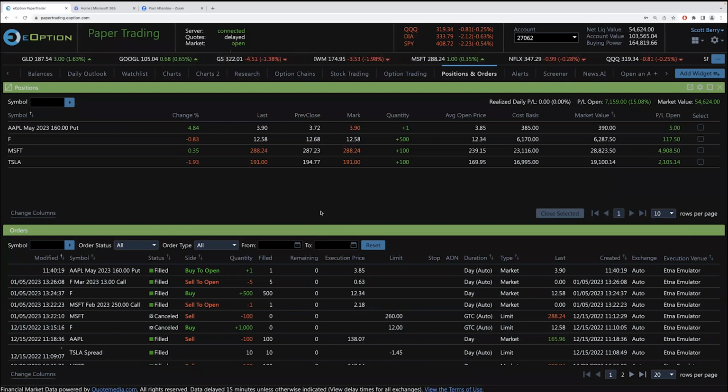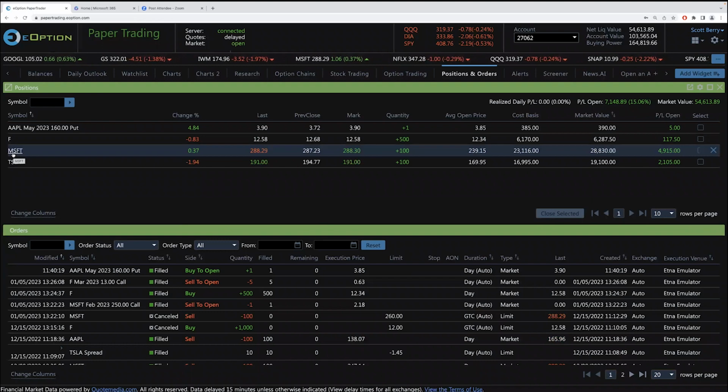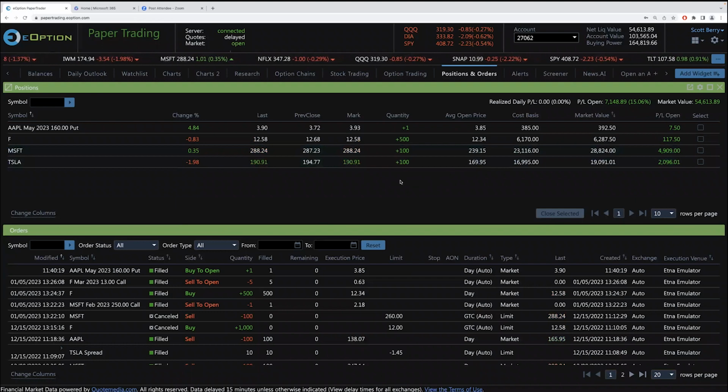A second way that you can use puts is to protect profit in an existing position. So in our demo account, we bought 100 Microsoft several months ago around 139. We've got close to 50 points of profit in this demo account.